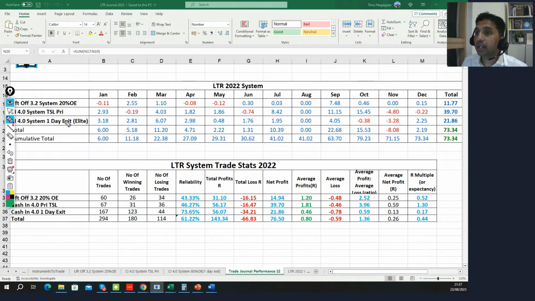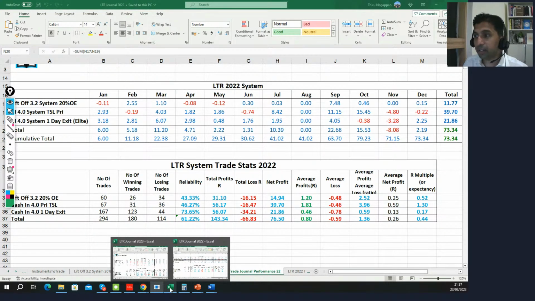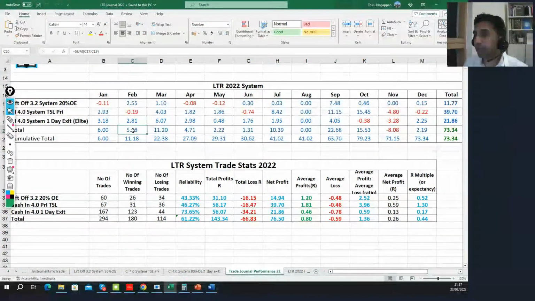Standard risk. But if you take a look at this year, the results have been very different. Last year was a ride in the park. Every single month was profitable, except November, with an 8.08% drawdown.